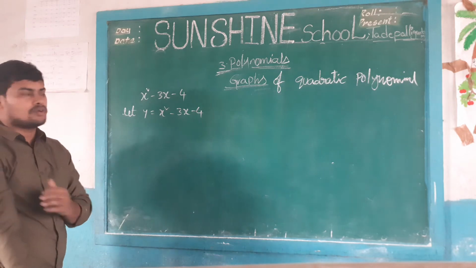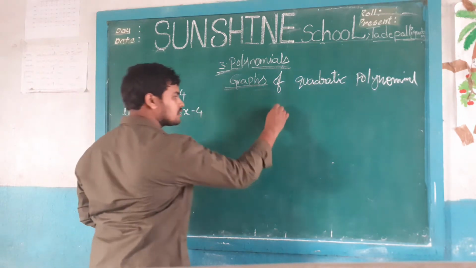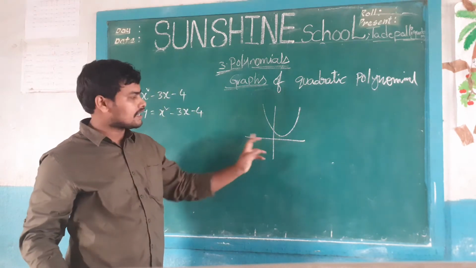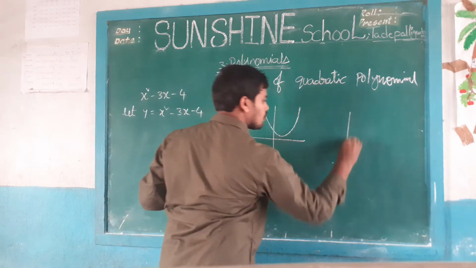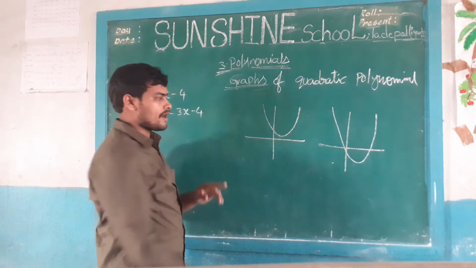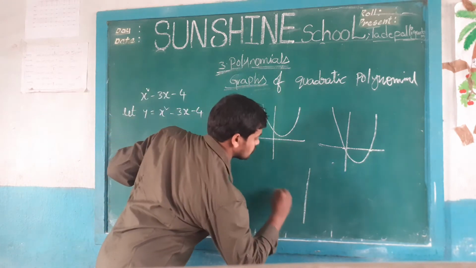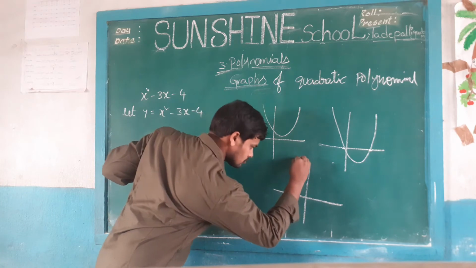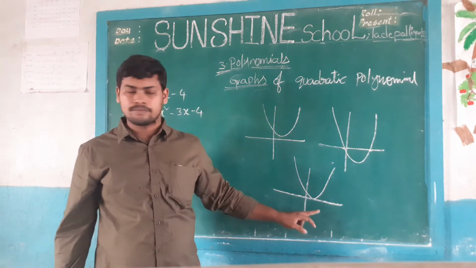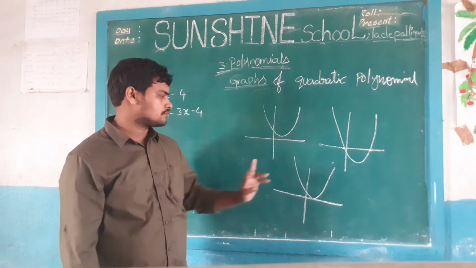We already know that a quadratic polynomial is in the form of 3 types. First, it does not intersect the x-axis at any point. Second, it intersects at 2 points. Next, the number of zeros of this polynomial is only 1.